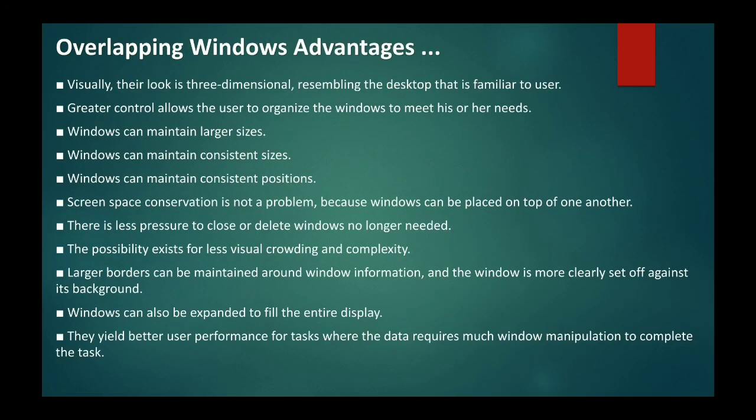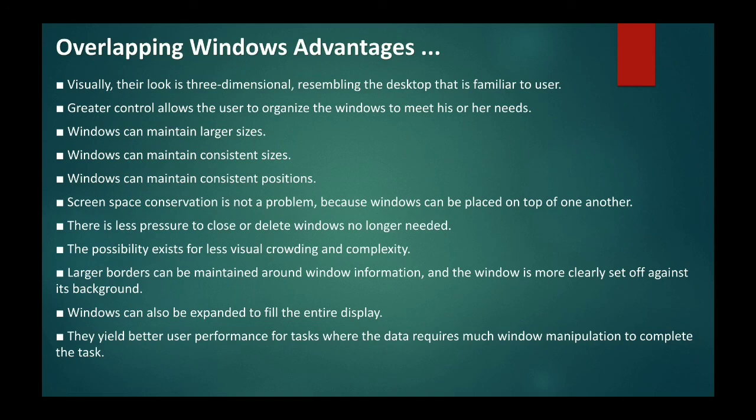We'll see what advantages we have with overlapping windows. Visually, the look is three-dimensional, resembling the desktop that is familiar to the user. If you see, all the windows are still visible, but not all portions of the windows are visible.